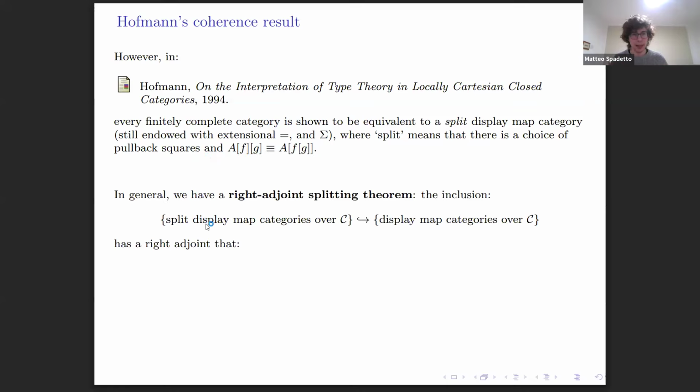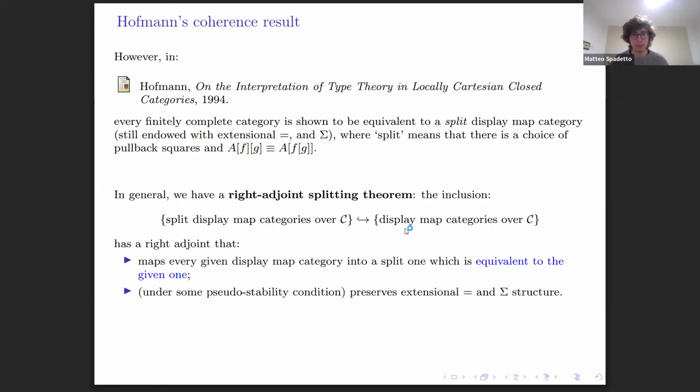This result was then generalized by Warren, showing that if you consider the inclusion of split display map categories into display map categories, this inclusion has a right adjoint whose co-unit is made of equivalences, meaning that every display map category, once you apply this right adjoint, you obtain a split display map category, then you include it back to obtain a split display map category which is equivalent to the one that you started from.